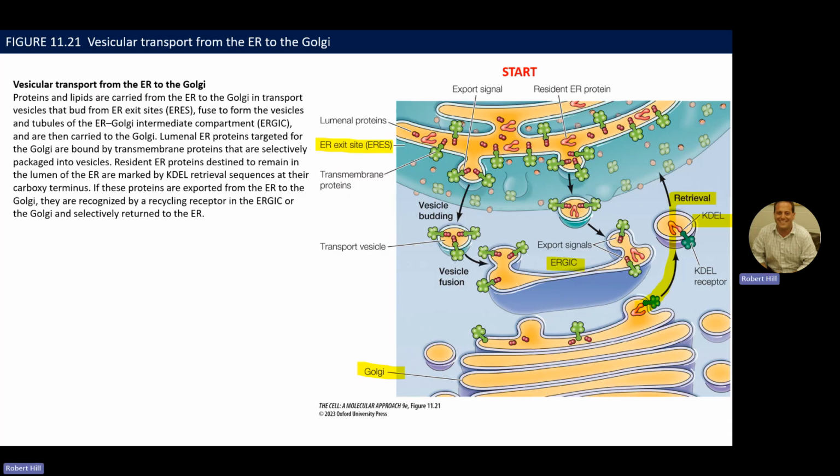So you can see here you've got a vesicle produced with the KDEL sequence. It gets into the ERGIC, gets to the Golgi, and then it's sent back to the ER. Other proteins that lack that KDEL sequence will get processed normally, so they'll get to the ERGIC and then ultimately to the Golgi.